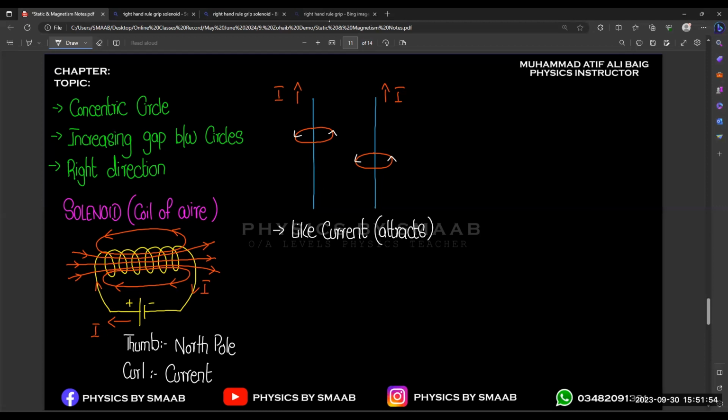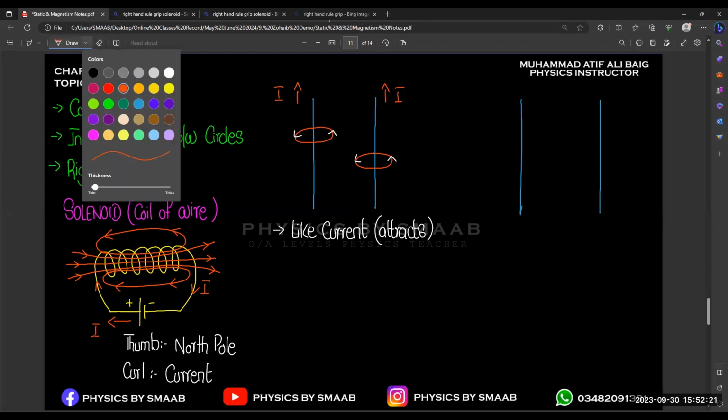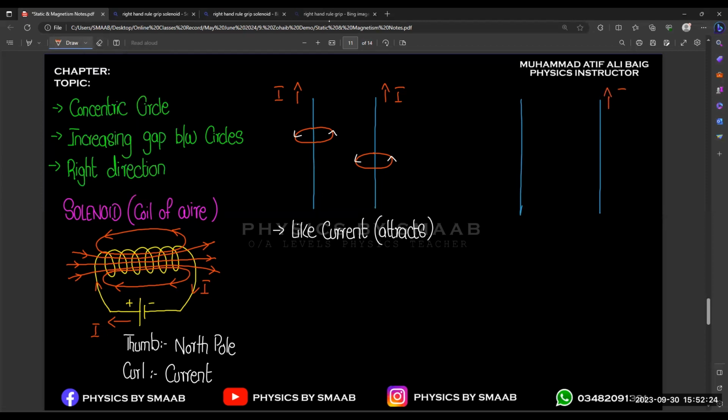And if we consider the unlike direction, like if current is moving in downward direction in one conductor and in the opposite direction in the other conductor, current is moving upward, current is moving in downward direction. So in this scenario, you can see that current is in opposite direction.